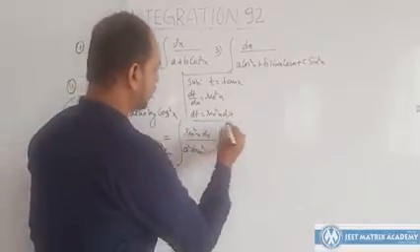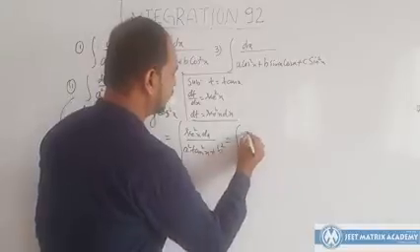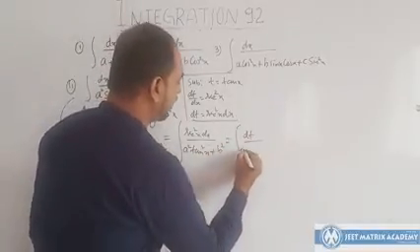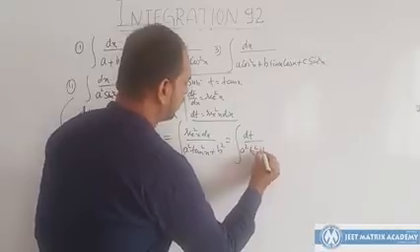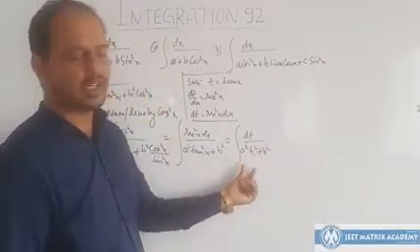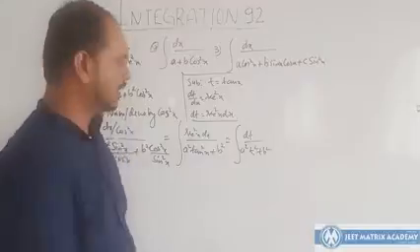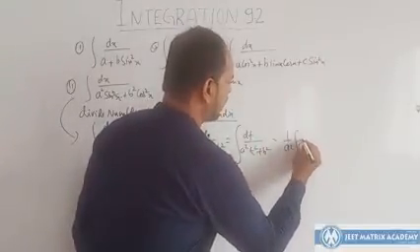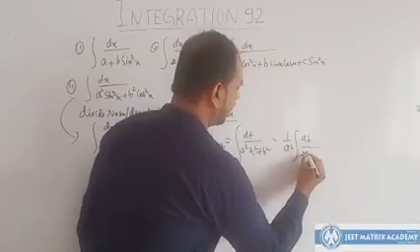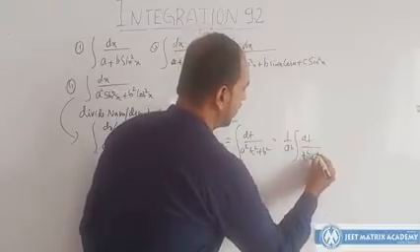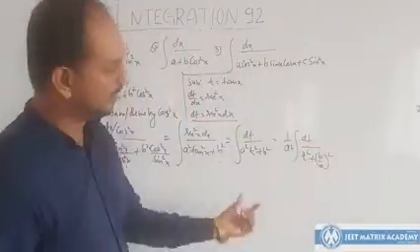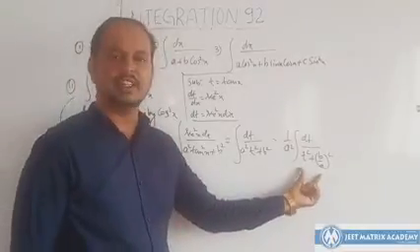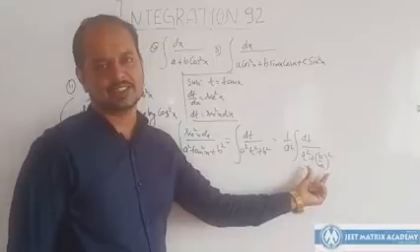Substituting, the numerator becomes dt and the denominator becomes a square t square plus b square. Take a square out of the integration: 1 by a square integration of dt divided by t square plus b by a whole square. Now this looks like dx divided by x square plus a square.